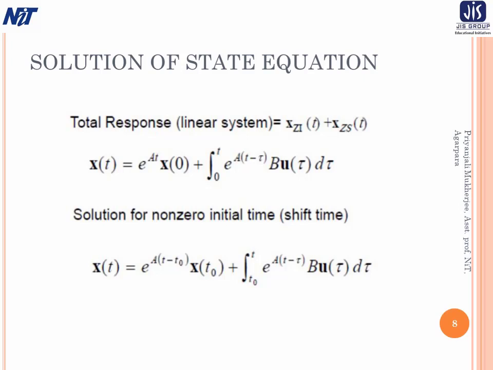And if we consider a non-zero initial time, then we can write it as e to the power A(t minus t0) into x(t0) plus the integral from t0 to t of e to the power A(t minus tau) Bu(tau) d tau. So this is the solution of the state equation.